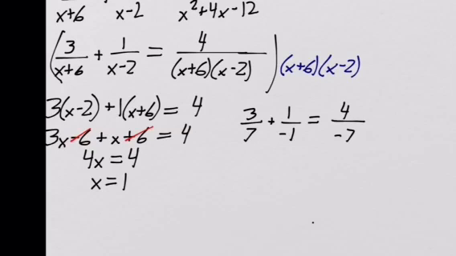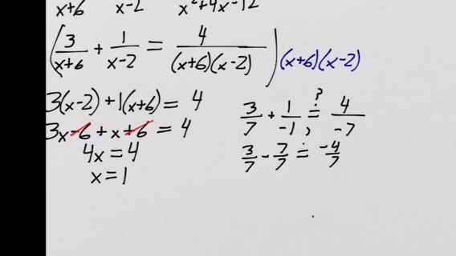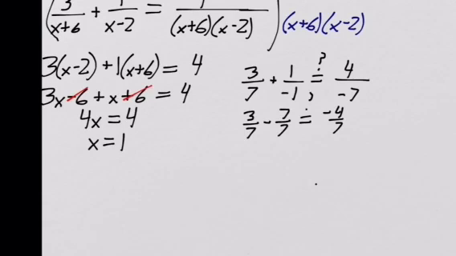Now, writing this in a little bit nicer of a way, 3/7 minus 7 over 7 is equal to negative 4 over 7, and I should actually put question marks above the equal sign here because we haven't verified they're equal. But now, negative 4/7 equals negative 4/7, so we check out.